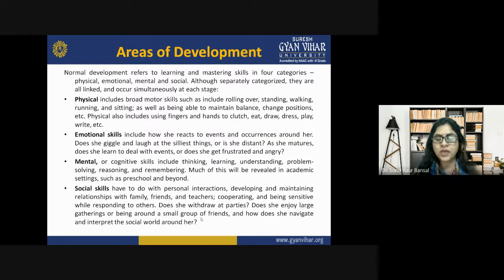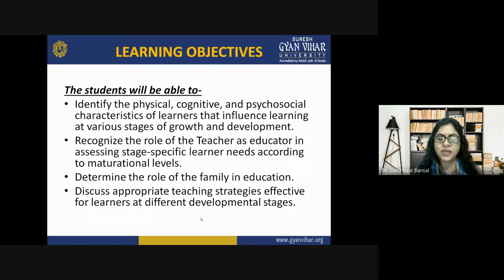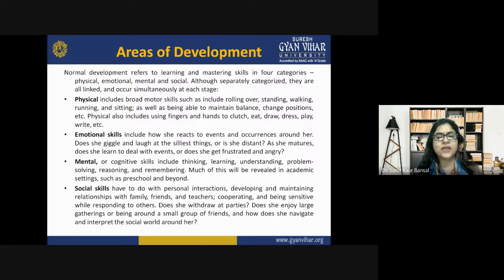All right, students. So now we are understanding developmental stages. It is really very important for everyone to understand what development is first of all.